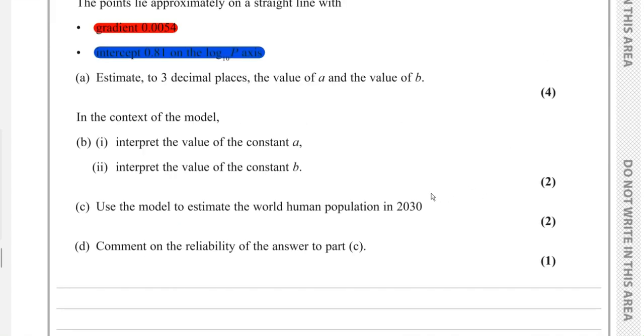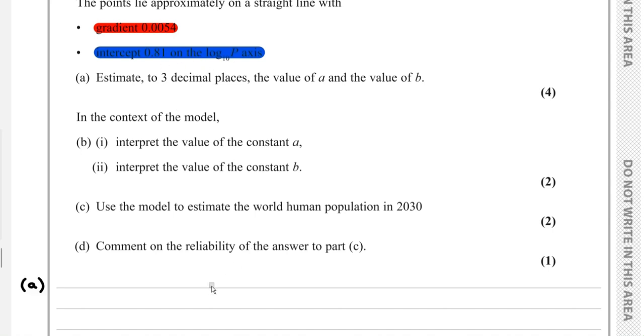Here, the straight line will be of the form y equals mx plus c. But instead of a y, we've got log base 10 of p, and instead of an x, we've got a t. We know the gradient and we know the, effectively, y-intercept.